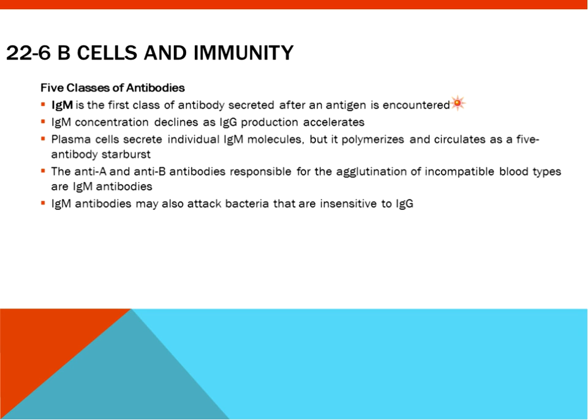Those are actually in this class of IgM antibodies, so that's also important. And IgM antibodies may also attack bacteria that might not be sensitive to IgG. So that's another good reason for having these be first on the scene, because there may be some bacteria that aren't so sensitive to IgG.